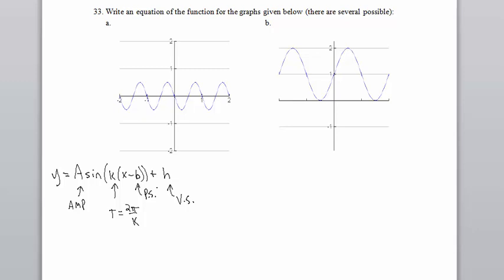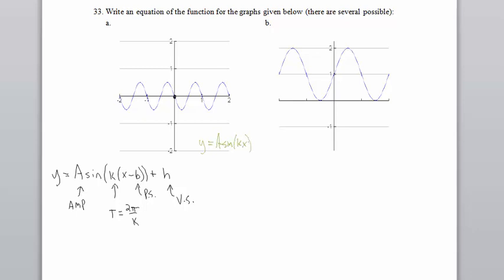The good news is that in part A, I don't have to worry about a phase shift because I can see this guy starts at the origin. So I know I can find a sine curve that fits this graph. For part A, my answer is going to look something like this: some kind of amplitude, sine kx, and that's it.